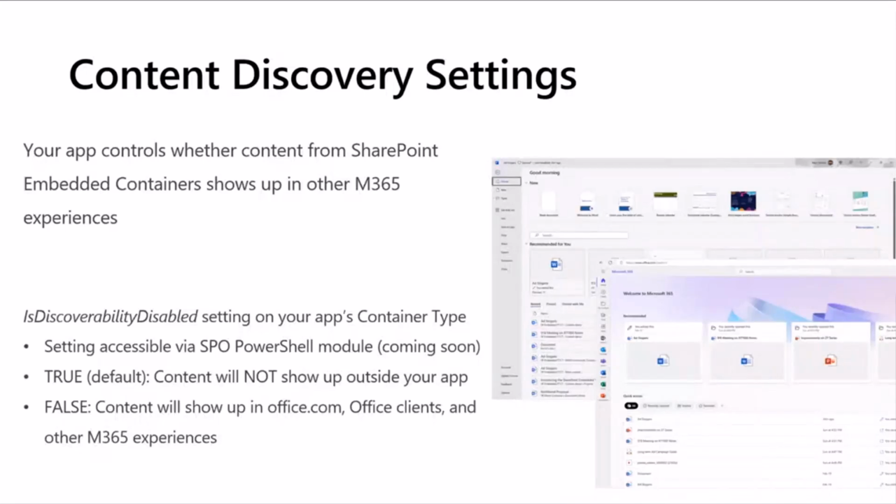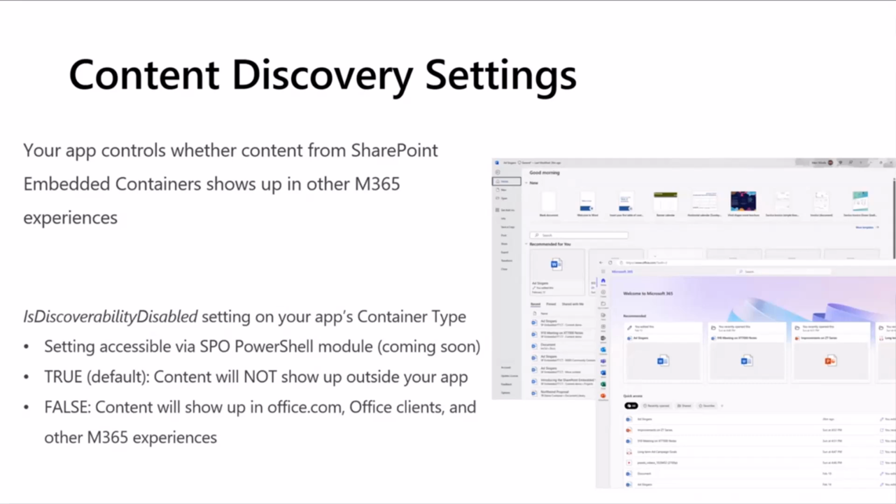I put a couple of screenshots there on the right just to give you an idea what I'm talking about. The first is in the Office desktop Word application. You can see you get a bunch of recommended and shared with me content in there. And then the second is office.com.